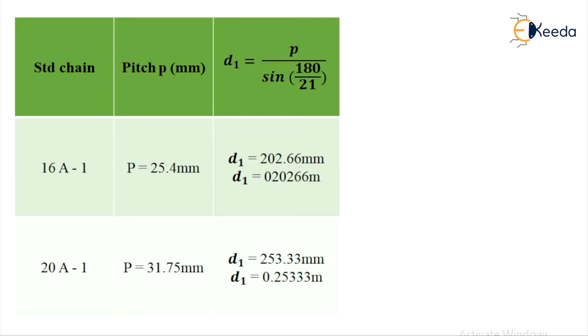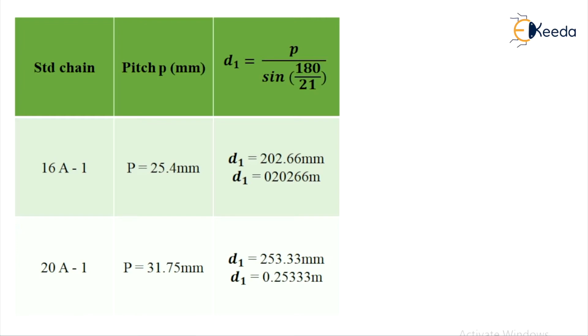The value of D1 is given with the formula P divided by sine of 120 divided by Z1. So for the chain 16A1, the value of D1 is 202.66 mm. That is, D1 is equal to 0.20266 meter.